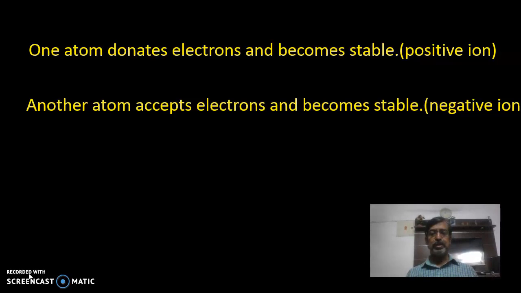For example, the atomic number of chlorine is 17, and the number of valence electrons in a chlorine atom is 7, and it accepts the electron given out by the sodium atom, and it becomes Cl minus, that is a negative ion. Whereas Na becomes Na plus, which is a positive ion, by donating one electron.